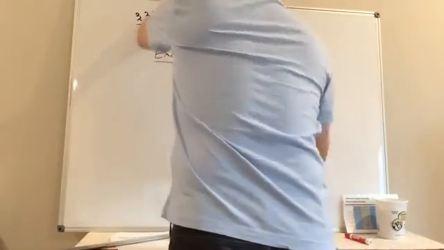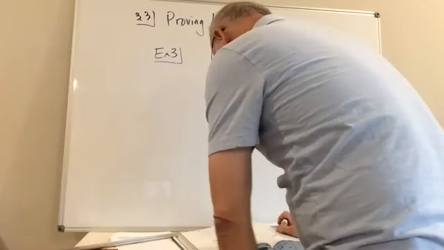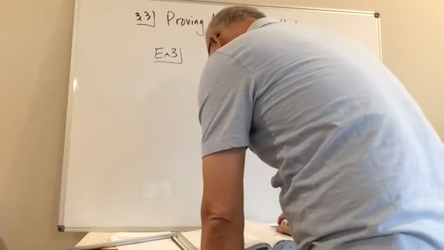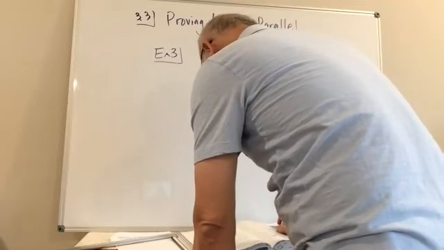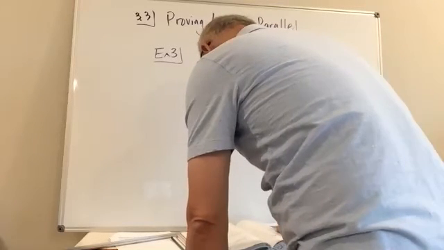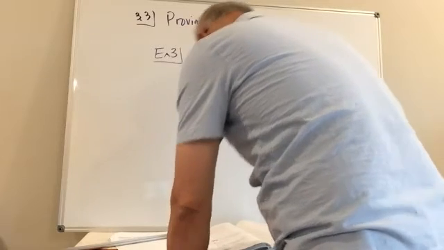Let's see if we can do example number 3. Example number 3, proving lines are parallel. Given that L and M are parallel and angle 1 and angle 3 are congruent, prove that R and P are parallel.